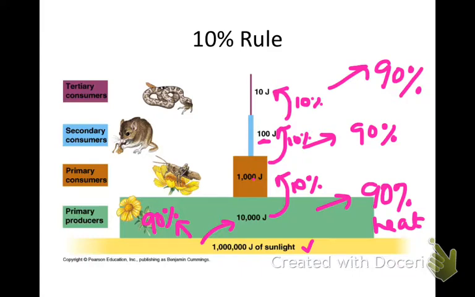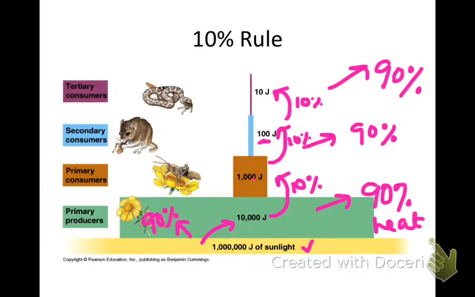And then whenever that snake eats the mouse, it will only get 10% of its energy. And we'll see this with an activity with popcorn we'll do with this. So please highlight each time only 10% of the energy gets passed on to the next higher level in the food chain. 90% is lost on the metabolism of maintaining the life of that organism that's eating.